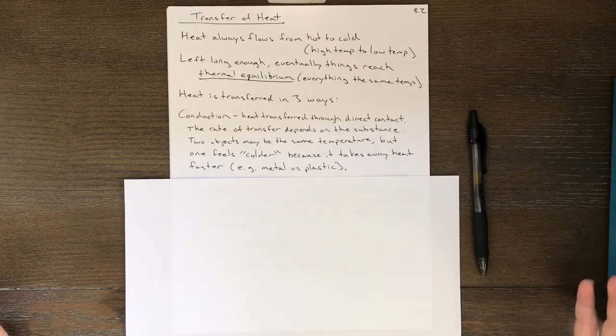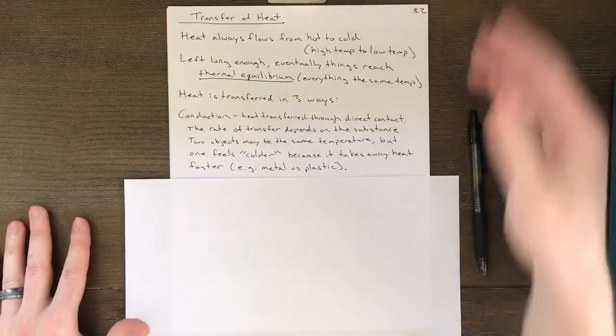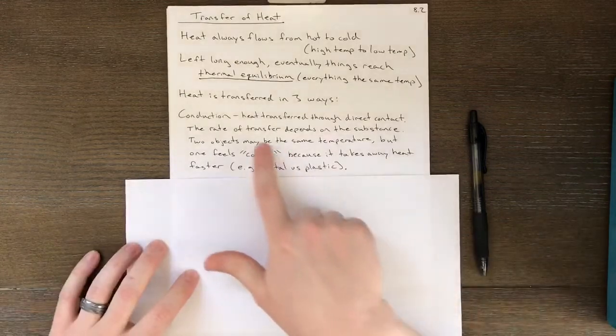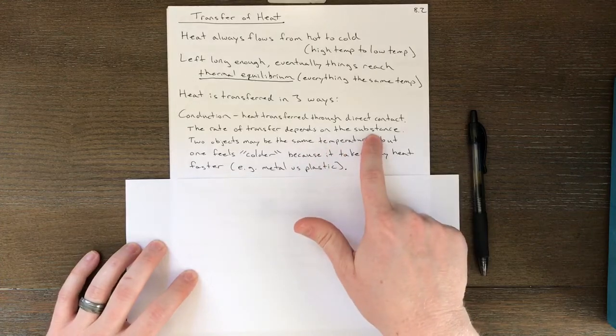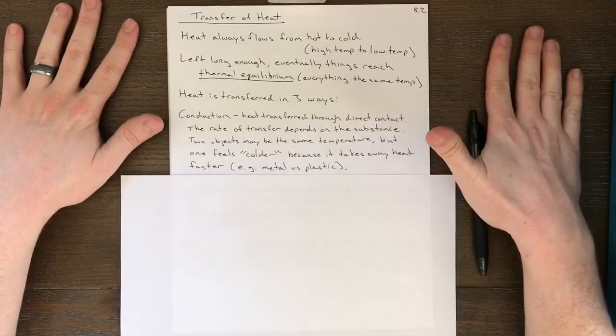Look around your house, or even right now where I'm sitting. I've got some glass baubles sitting around. Those things feel cold because they suck the heat out of me. It depends on the substance. They're different than, say, this wood. I put my hands against my wooden desk.